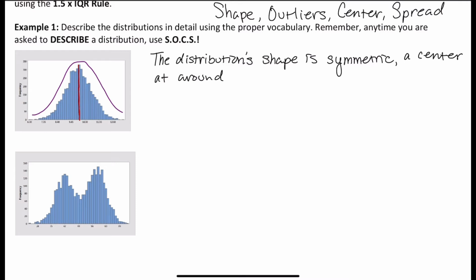But it's in between 9.5 and 10.5, so it's probably a mean of around 10 because of this.